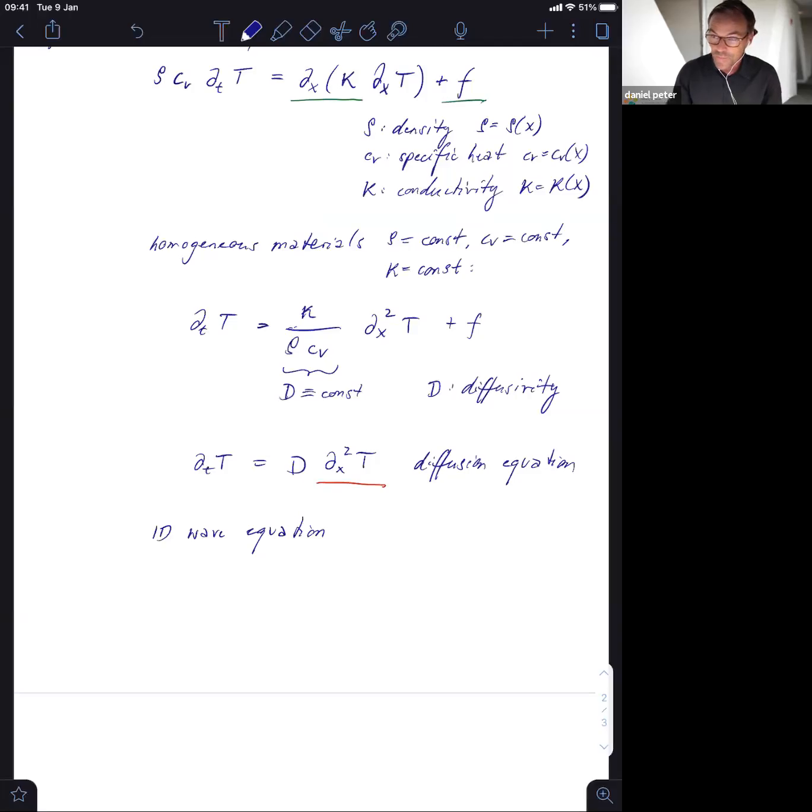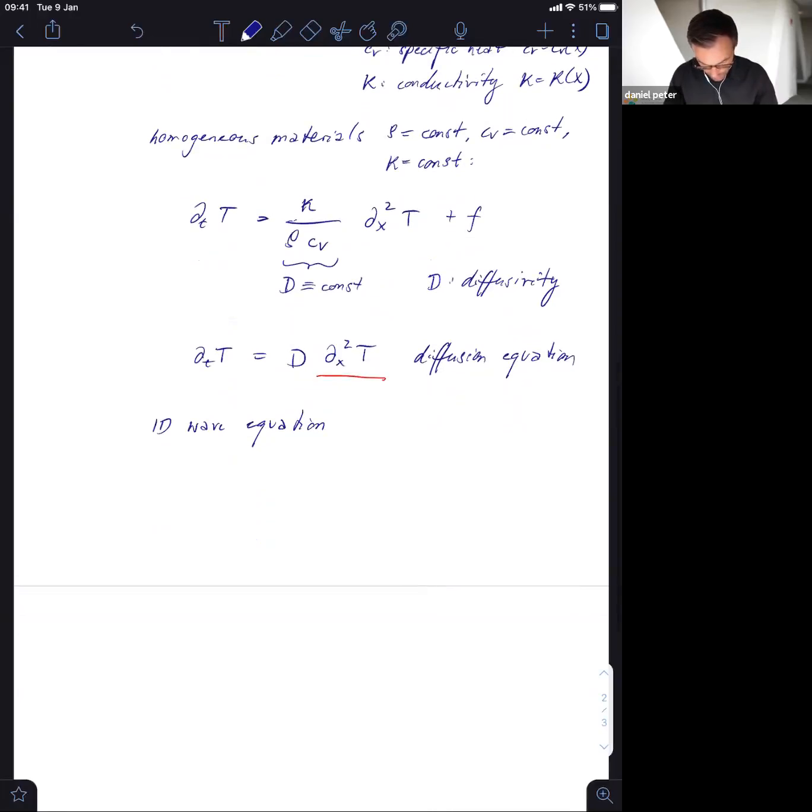The density times the second order derivative of the displacement with respect to time. Density, rho, good. And now we have the second order time derivative. What do you want? Displacement, let's use U. Sometimes we use S. Doesn't matter, let's use U.